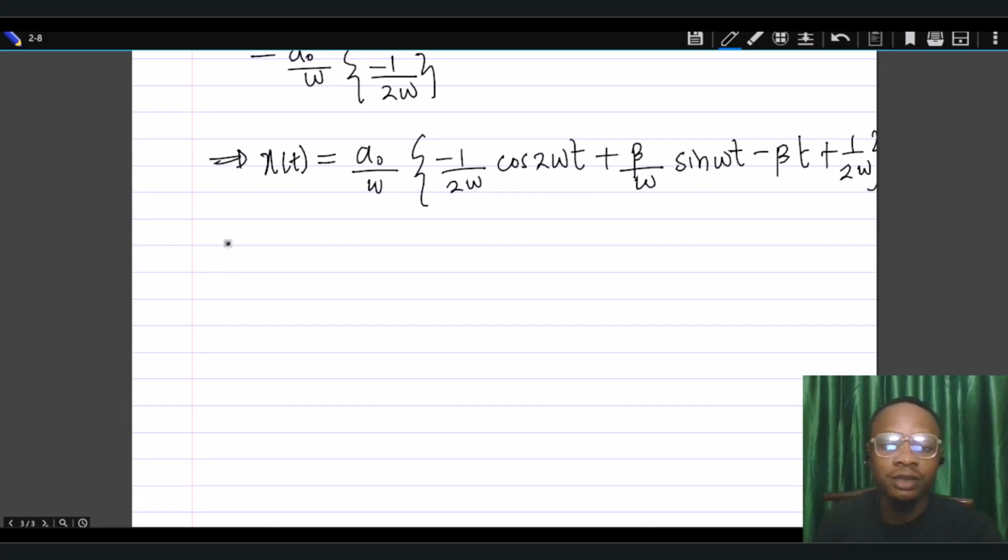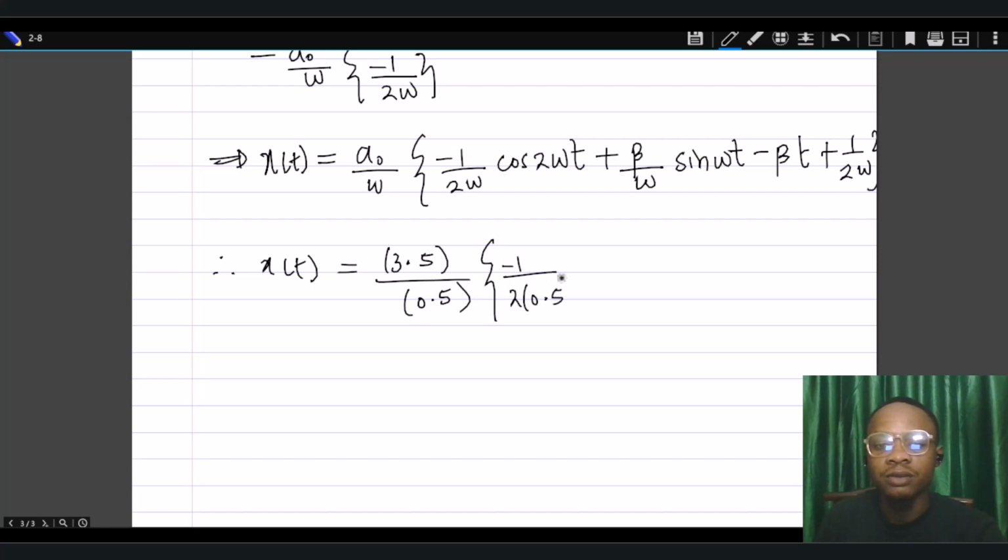We can just substitute the values. So we can now say that therefore x as a function of time will be equal to a naught, which is 3.5, divided by omega, which is 0.5, into all of this minus 1 over 2 omega, that's 2 into 0.5, then cos 2 omega, 2 into 0.5 multiplying t.